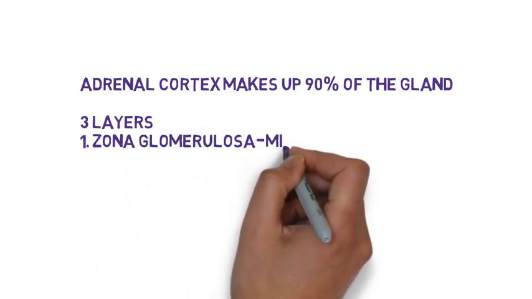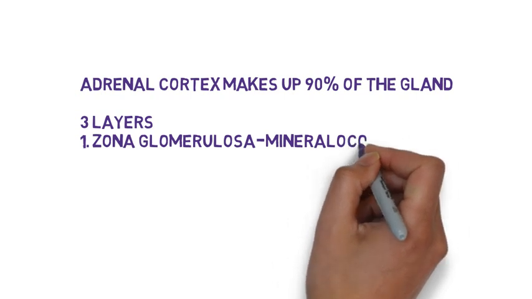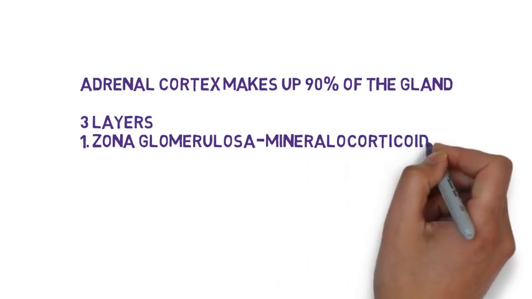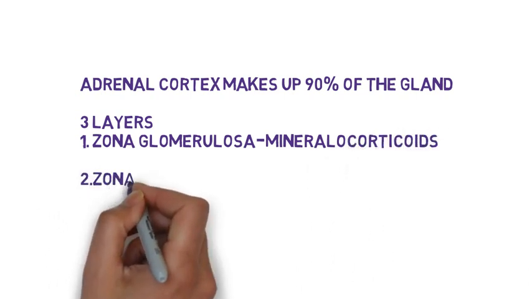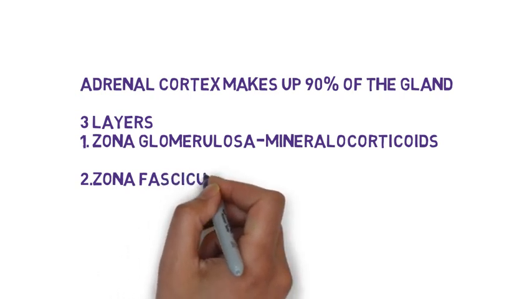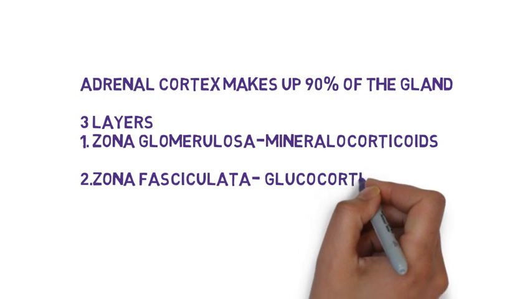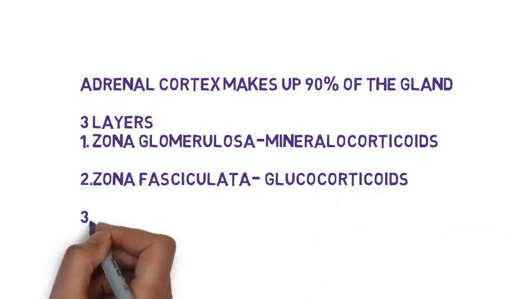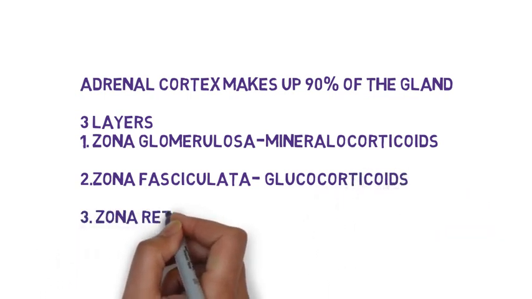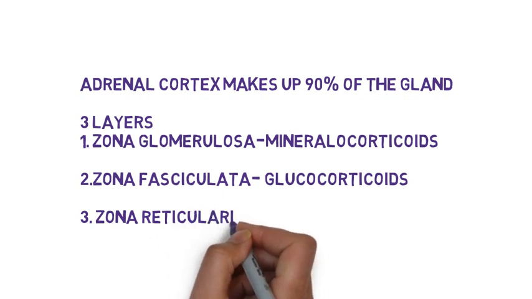So first of all, it has the zona glomerulosa, which has mineralocorticoids. Then we have the zona fasciculata, which secretes glucocorticoids, and the zona reticularis, which has the androgens.